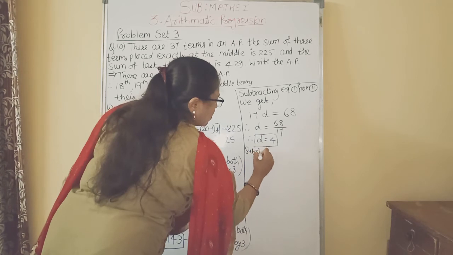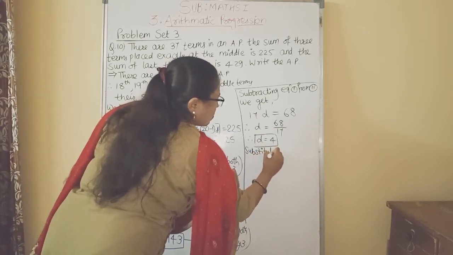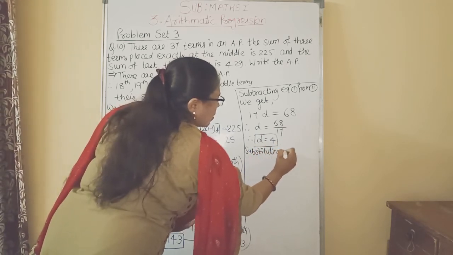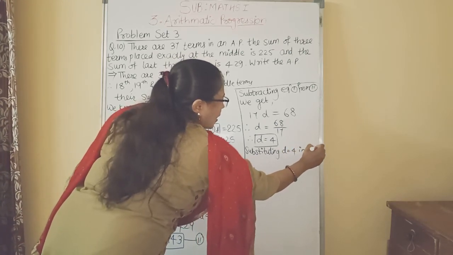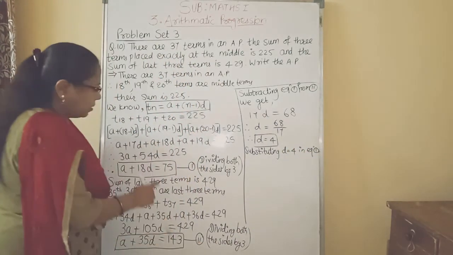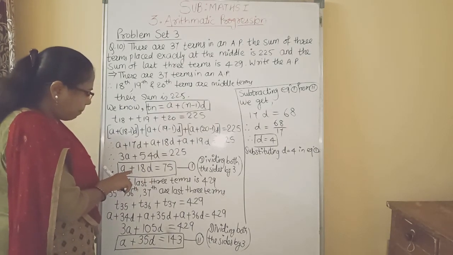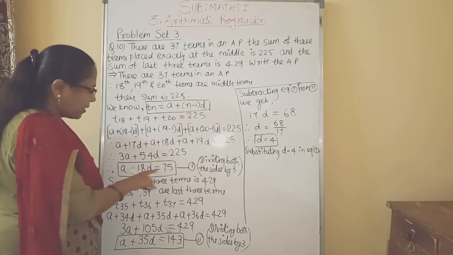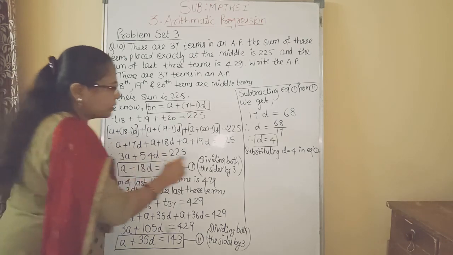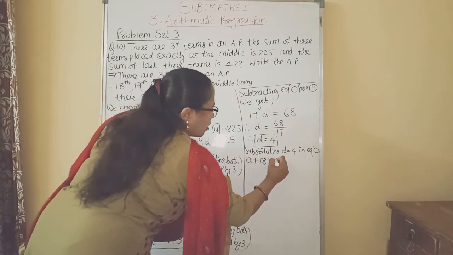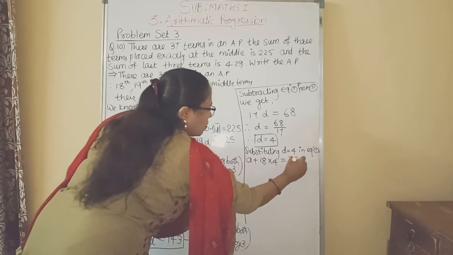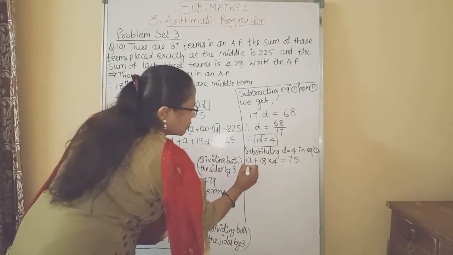Substituting D equal to 4 in equation 1. So, equation 1 is A plus 18D equal to 75. So, A plus 18 into 4 is equal to 75.